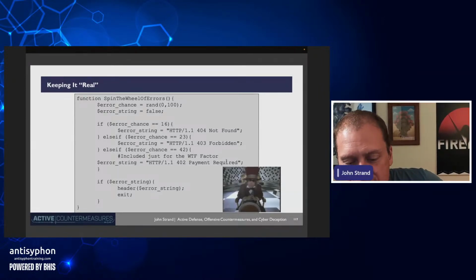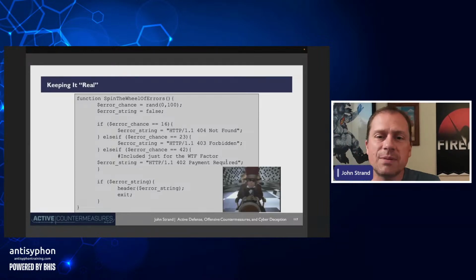If it lands on 16, it says 404 not found. If it hits 23, it says 403 forbidden. If it comes up as 42, it says payment required. This is cool because some of the automated crawlers that are out there will be like, wait a minute, every single request I made is coming back with a full 200 success.